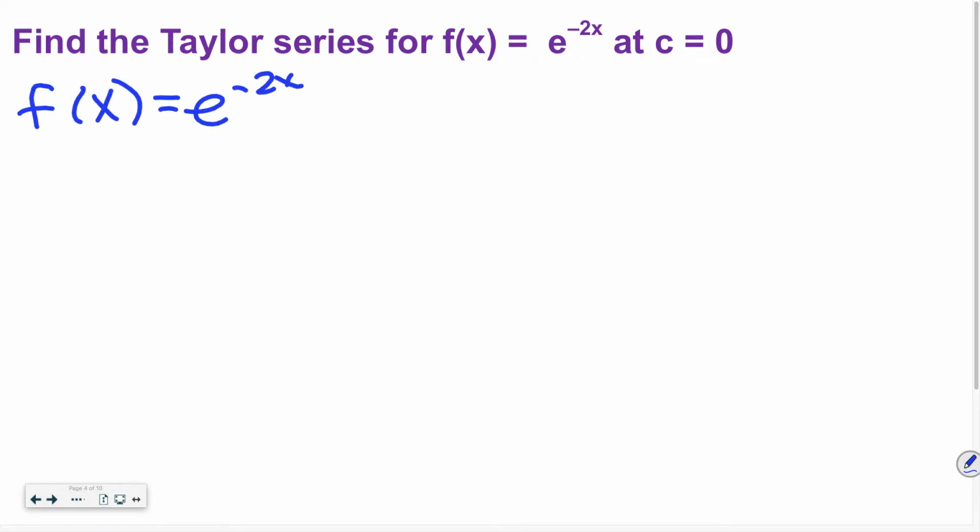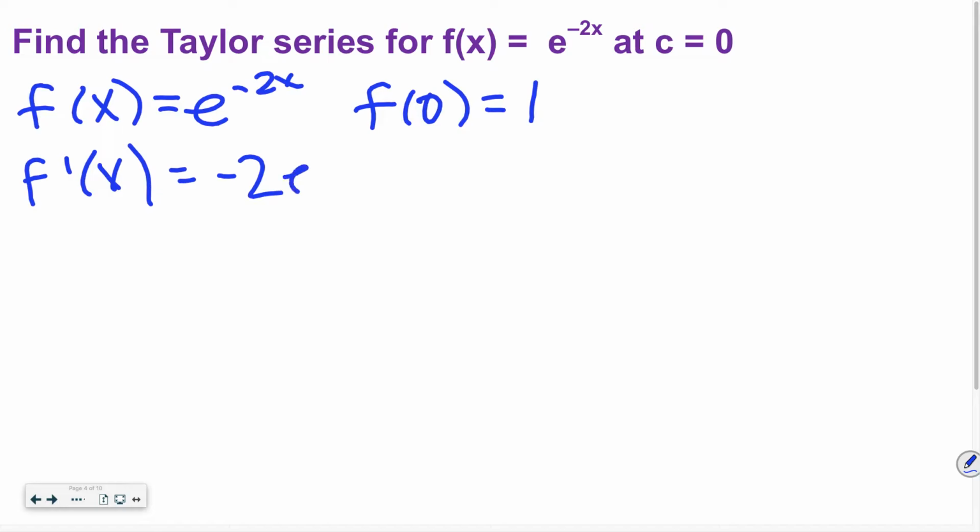If f of x is e to the negative 2x, what is f of 0? 1. f prime of x would be negative 2 e to the negative 2x, evaluated at 0. Are we doing this infinitely? Yes, we're going to do this infinitely. It might take us a while.